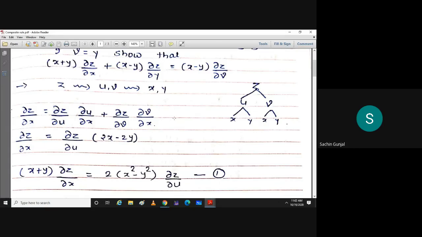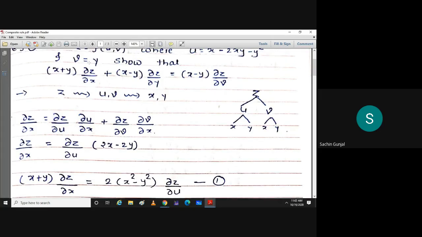And why is the second term not there? Because v with respect to x is 0. v is only y, so ∂v/∂x is 0. So there is plus 0, that's why I didn't write it. Up to equation number 1, any doubt?